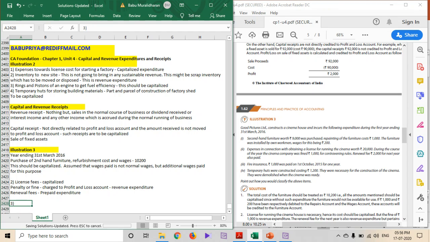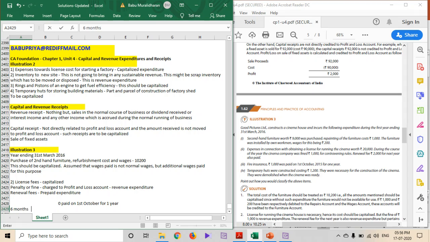Then the third one, fire insurance rupees 3,000 paid on 1st October for 1 year. Students have to understand we are talking about the year ending 31st March 2016. So any insurance paid on 1st October is paid from 1st October this year to 30th September next year.